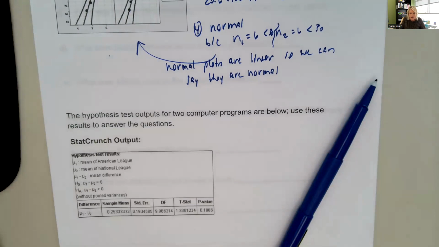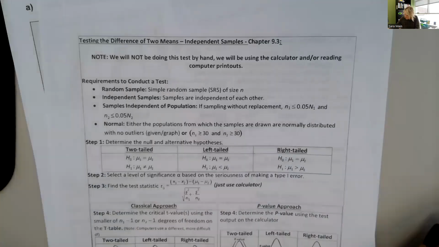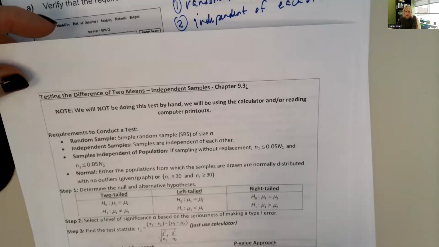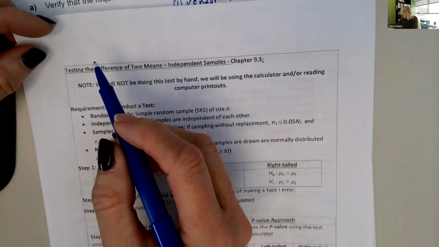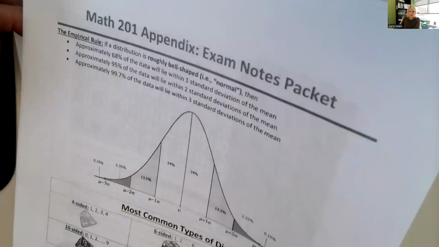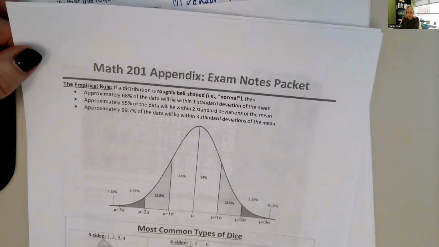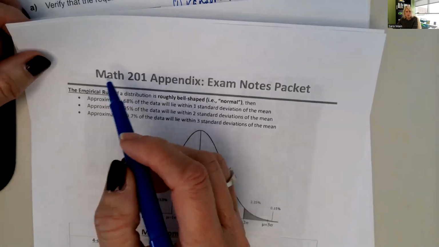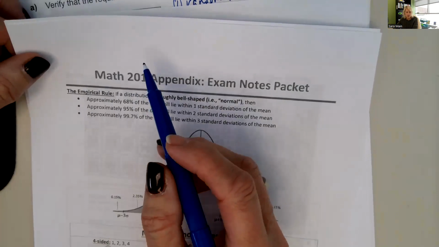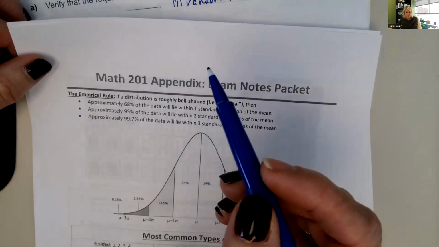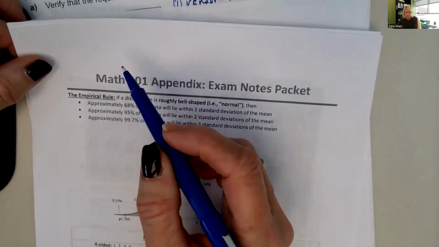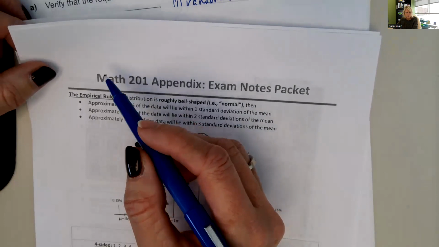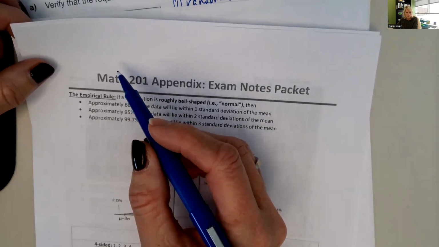Let's look at that page. So looking at this page in the formula packet that is available for you to print on the website in Canvas in the modules. I'm going to put it in various places, but it's going to be in the getting started module as well, but I'm going to put it down also by the final exam module, which would be like module 15 or 16.